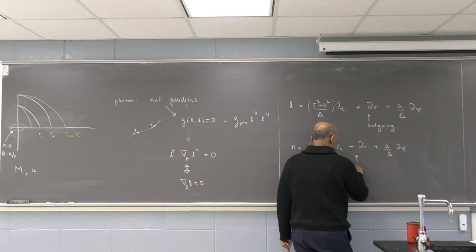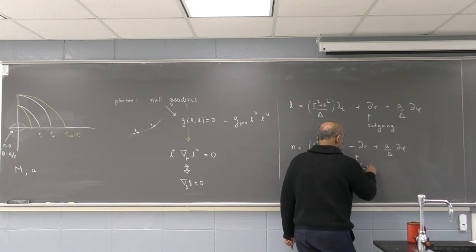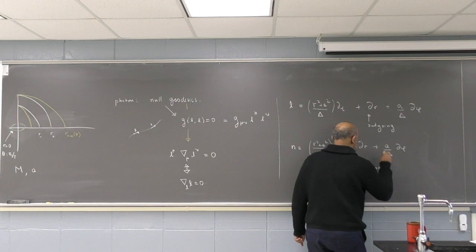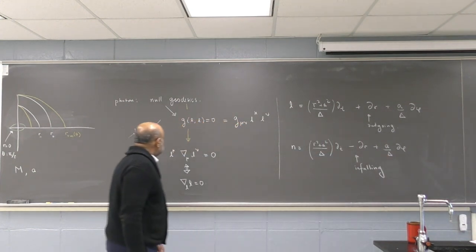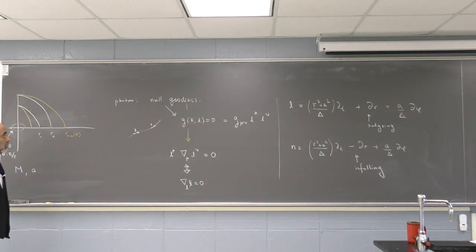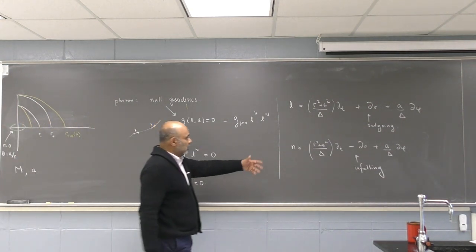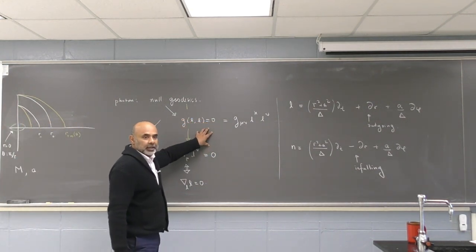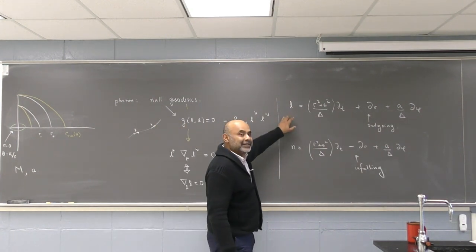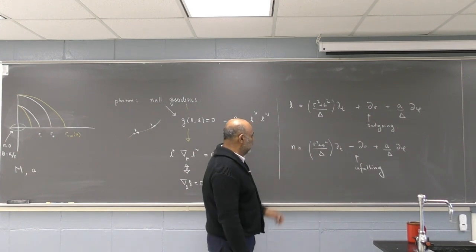This is the infalling. So this is the path a photon, a single photon, takes. In particular, a null geodesic is a path that a single photon takes. These are two examples of a null geodesic.